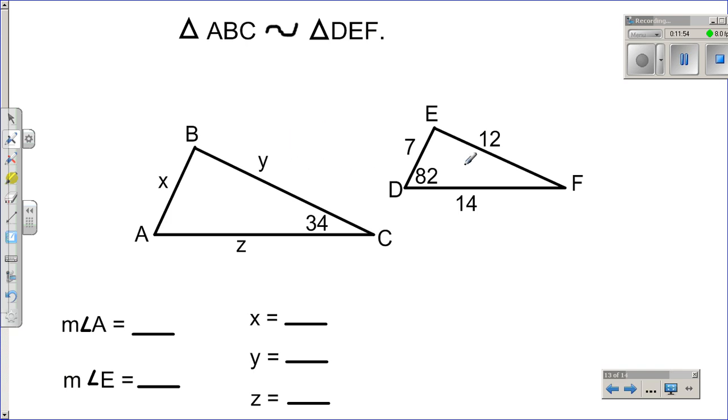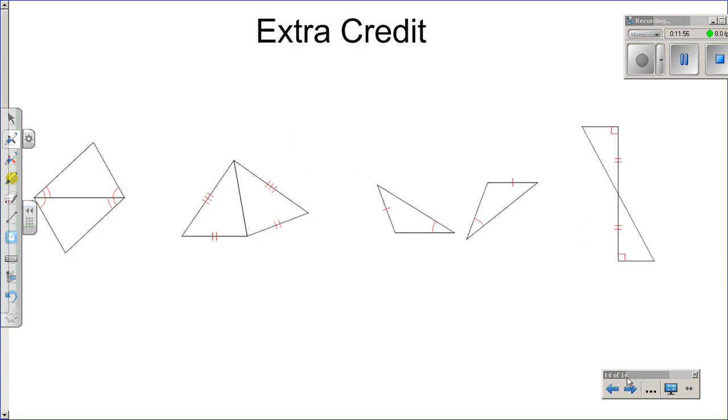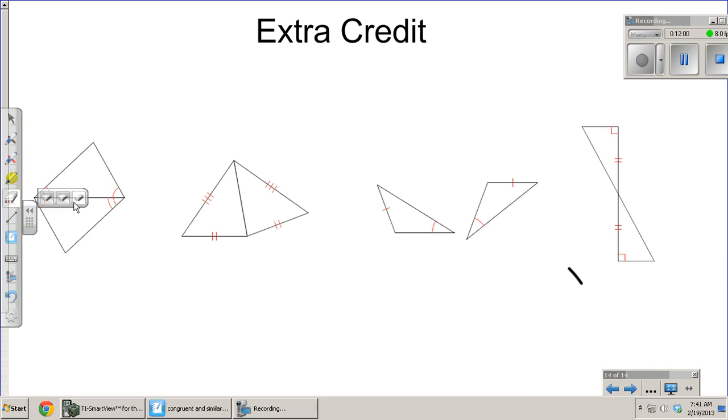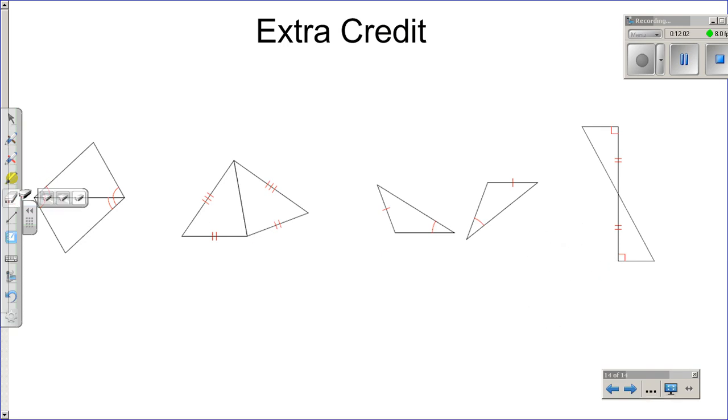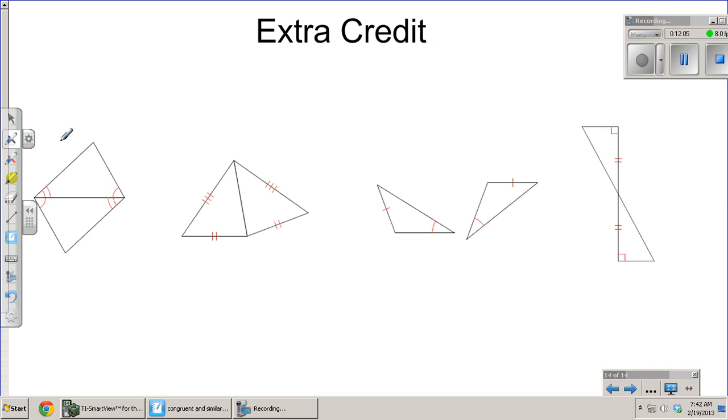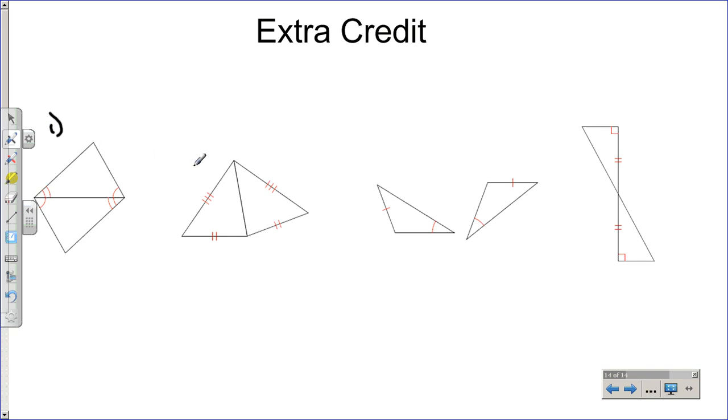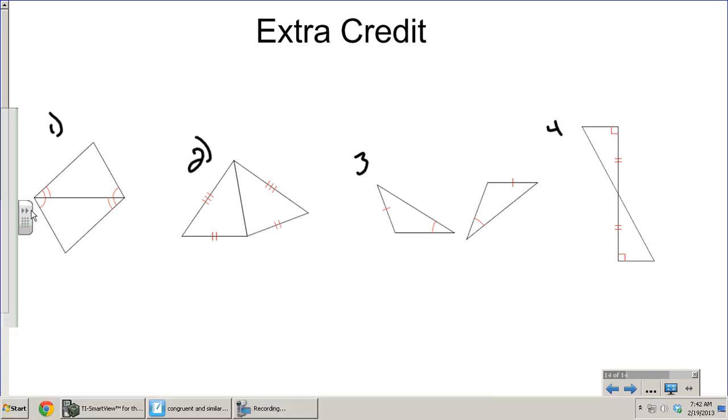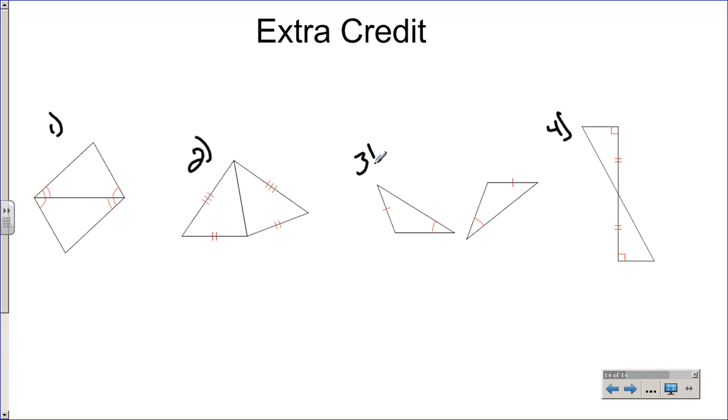Okay, and then this last one, don't worry about that page. I was supposed to delete that one. Here's your extra credit. What I want you to do is simply do number 1, 2, 3, and 4. I want you to tell me, 1, are these congruent? So you'd be putting either yes or no as to being congruent.